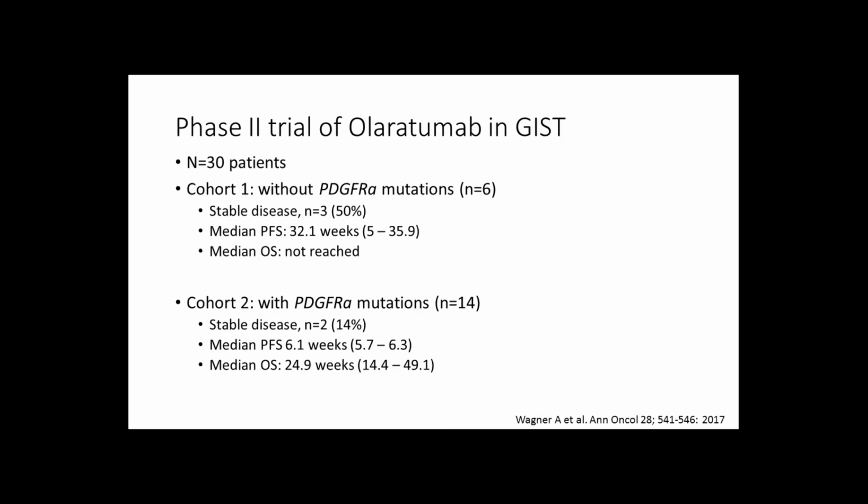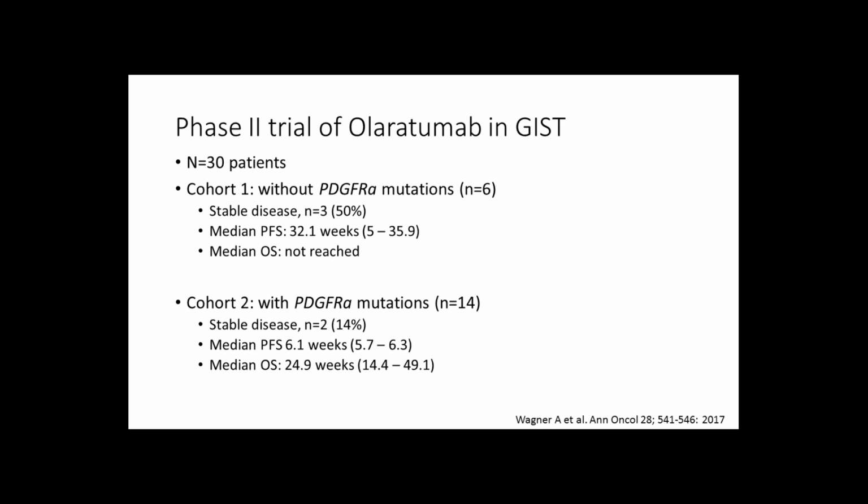So the topic of this evening is Olaratumab, and the phase 2 trial of Olaratumab in soft tissue sarcomas was very, very successful, and as Catherine mentioned, led to the approval of the agent in soft tissue sarcomas. But there was also a phase 2 trial in gastrointestinal stromal tumor, and this was a smaller trial with 30 patients. There were 2 cohorts, those with PDGFR alpha mutations, and of course Olaratumab targets PDGFR alpha.